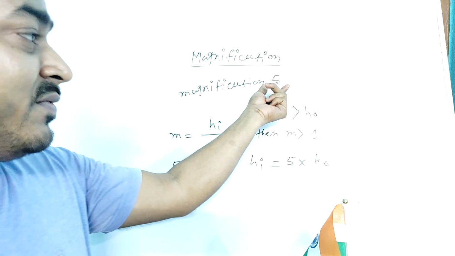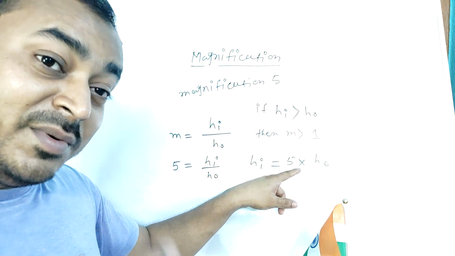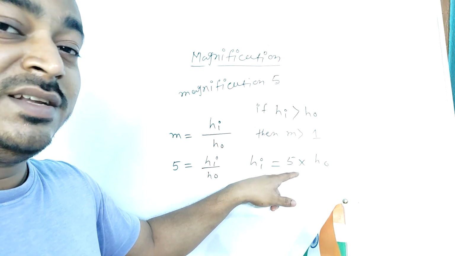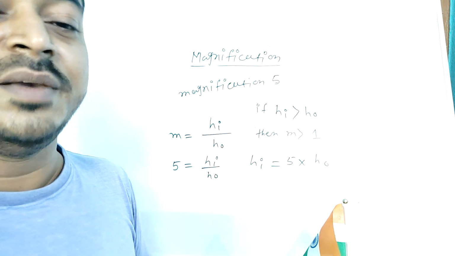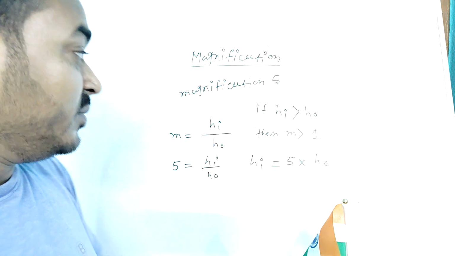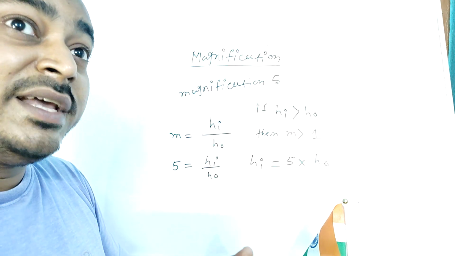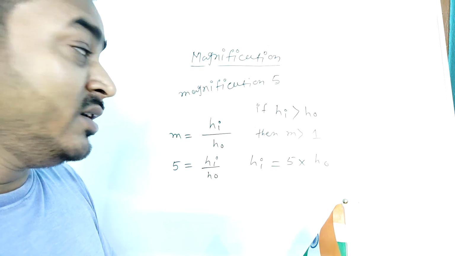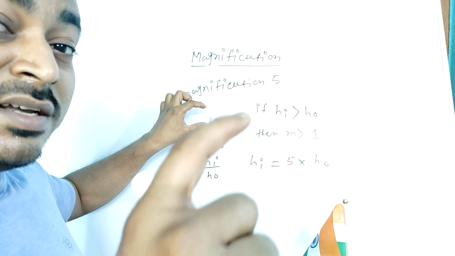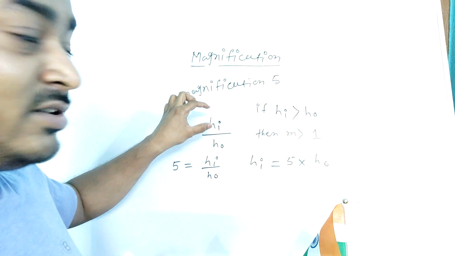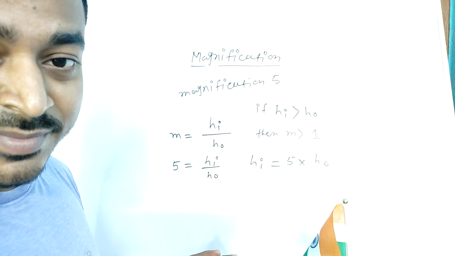So magnification 5 means the height of the image is 5 times the height of the object. So if the height of the object is 1 centimeter, the image height is 5 centimeter. So by using the magnification term, we are explaining whether the image is larger than the object or the object is larger than the image.